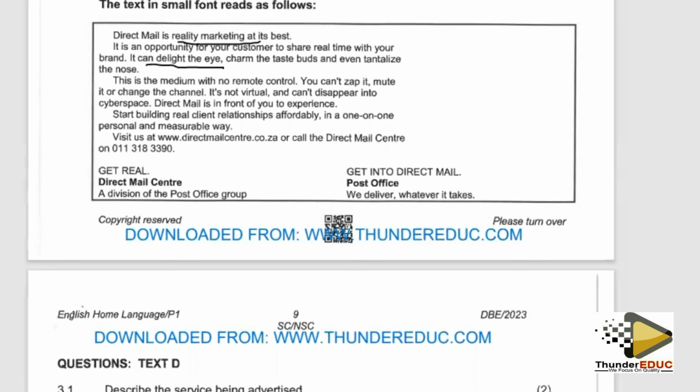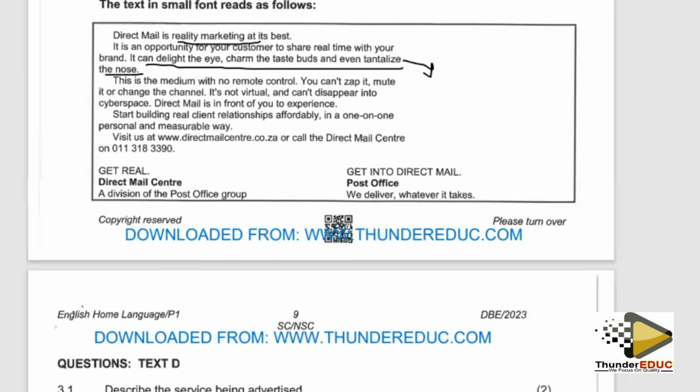And therefore, now we can see the relevance of the sweets towards the mouth, and therefore the senses that are being highlighted are the eye, which means it's eye-catching, charm the taste, which means it's tantalizing, and then, as they say, it's the nose. So which means when our senses are awakened, we are going to have to comment on the sense that it will be appealing.